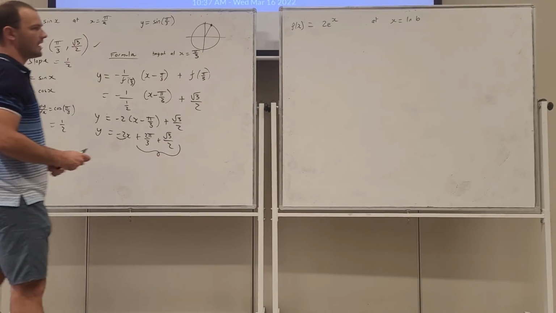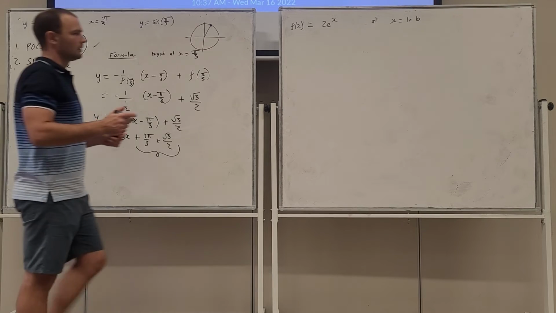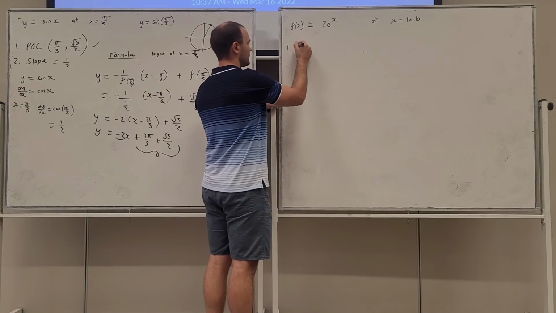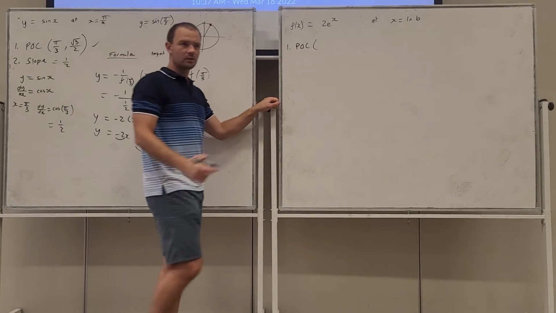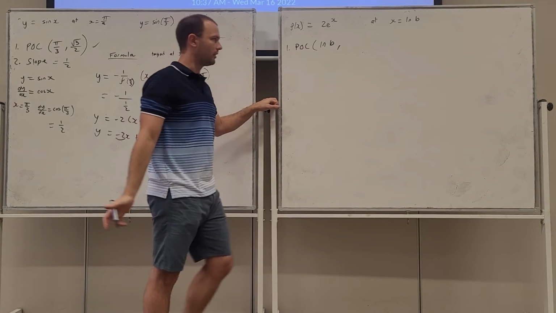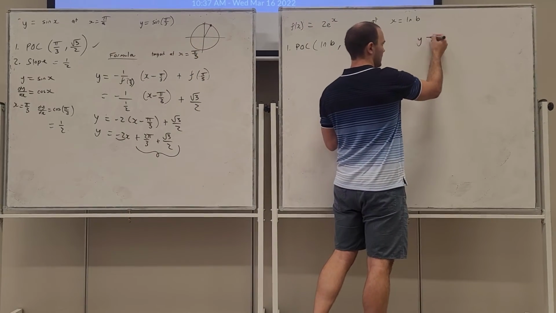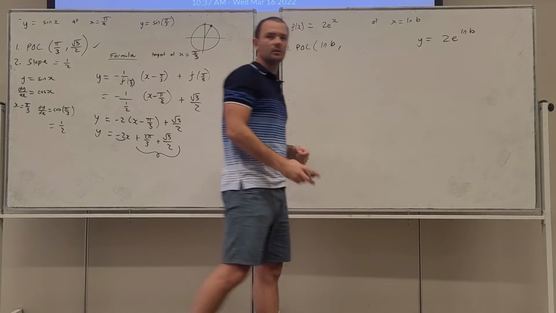2e to the x at x equals ln(b). We're not given a real x value, are we? We're just given ln(b). That's okay. We're just going to treat it the same. Our x coordinate is ln(b), and our y coordinate then, I'll work that out over here, is going to be 2e to the power of ln(b).